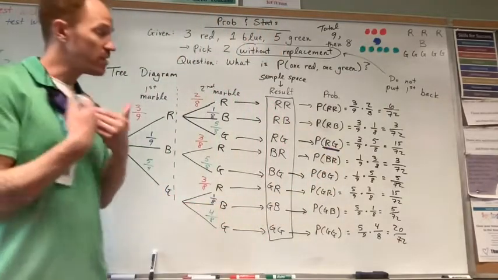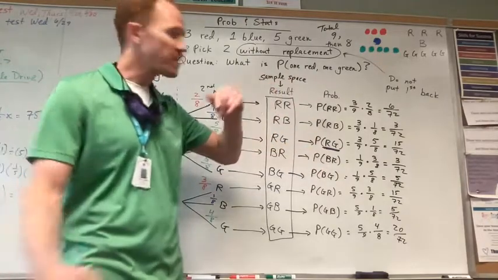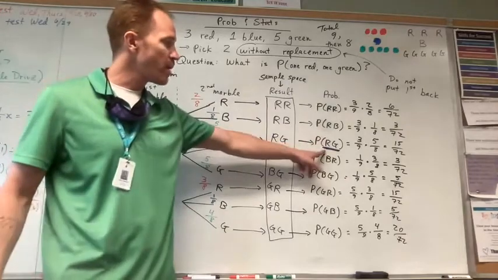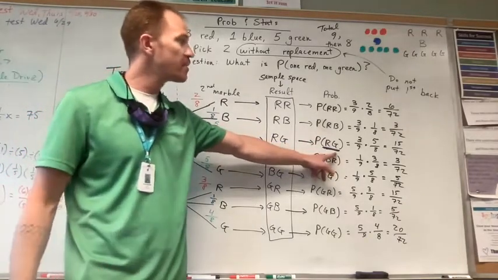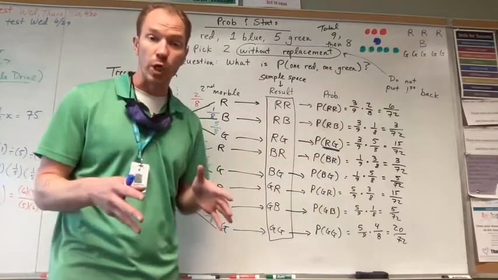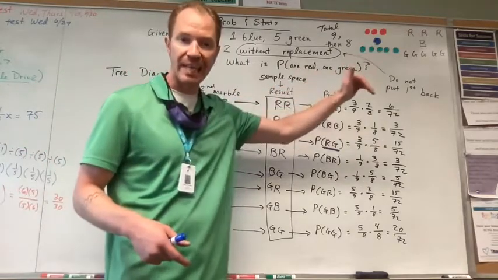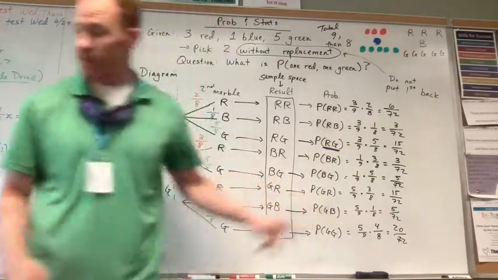Well, the notation I'm using here specifically represents the first marble being red and the second being green. But the question makes no mention of the order. So that could be red first, green second, or it could be green first, red second.